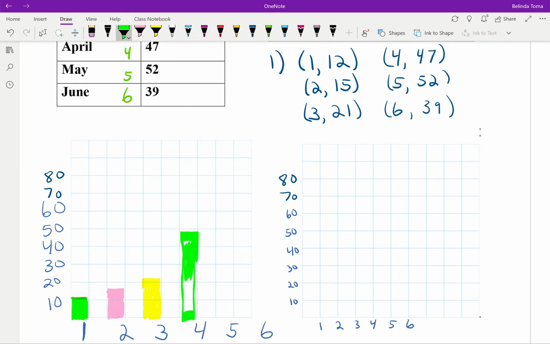And then finally, in the 5th month we're going to have 52. So that's going to take us a little bit higher than that 50 mark.